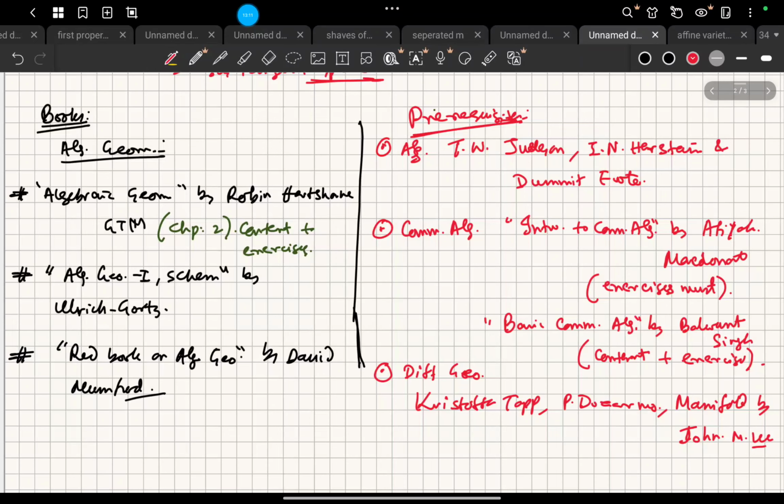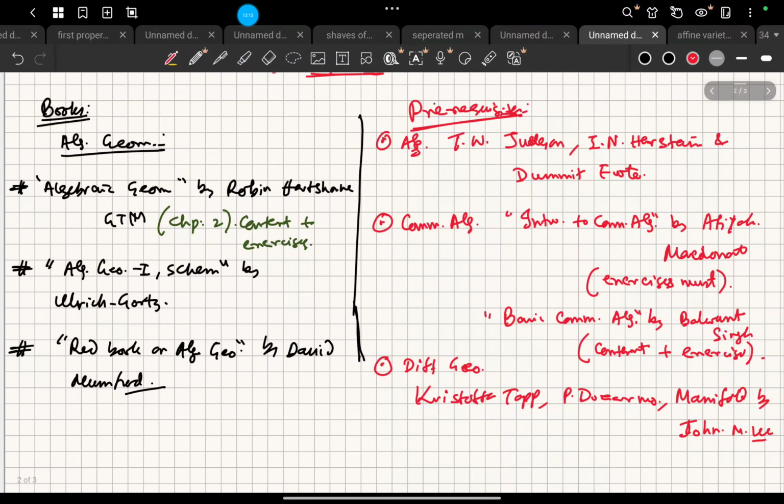Then it will be easy for you to understand and follow whatever we will be discussing here, because otherwise every time you will need to read the context from algebraic geometry, and then every second you have to move to the prerequisite. So rather, brush up all this context and prepare your base more strongly, then you start algebraic geometry.